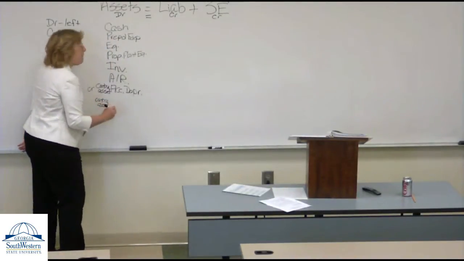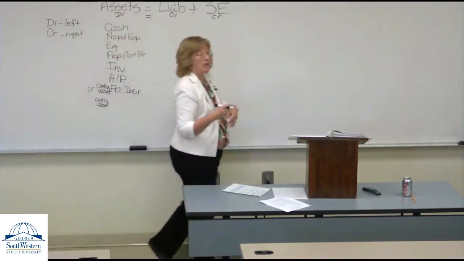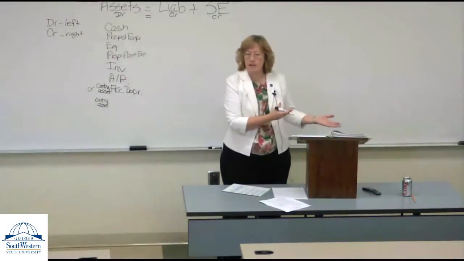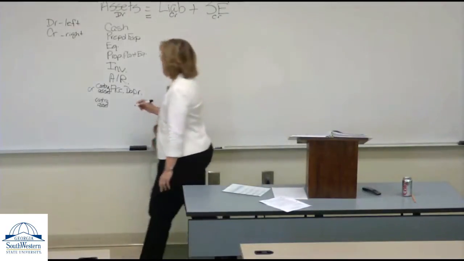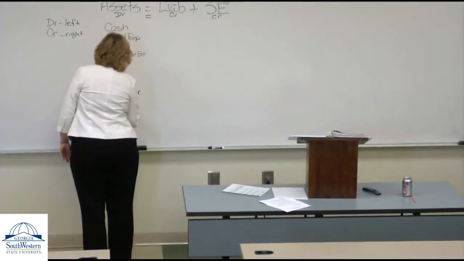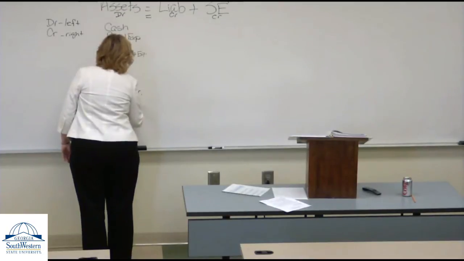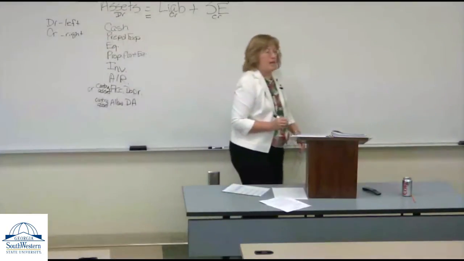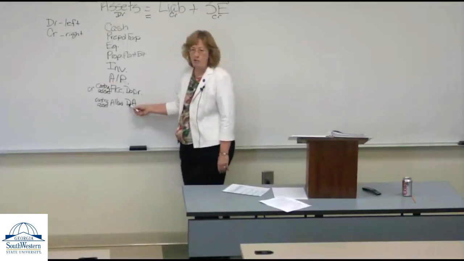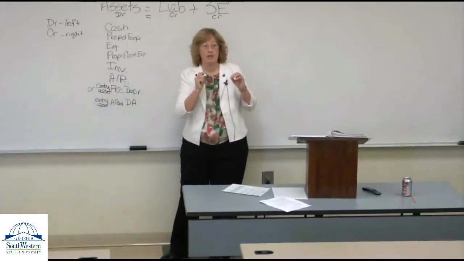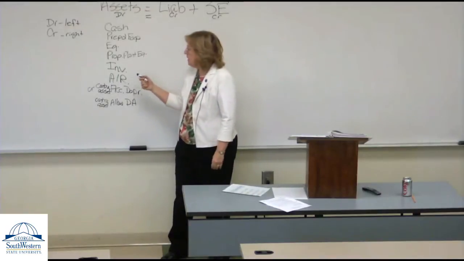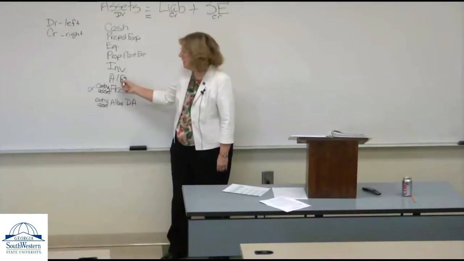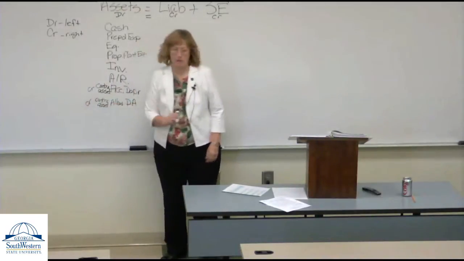When we make a bad debt expense entry, we debit bad debt expense and credit allowance for doubtful accounts, right? Allowance for doubtful accounts. Okay, so what is this? This is a contra asset that shows up on the balance sheet right below accounts receivable, but instead of having a debit balance like accounts receivable, it has a credit balance.